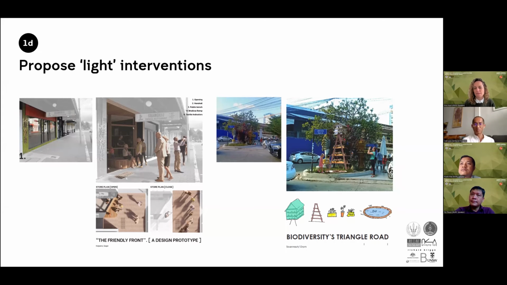This way, we're starting to see how a comprehensive understanding of space could shape this intervention.